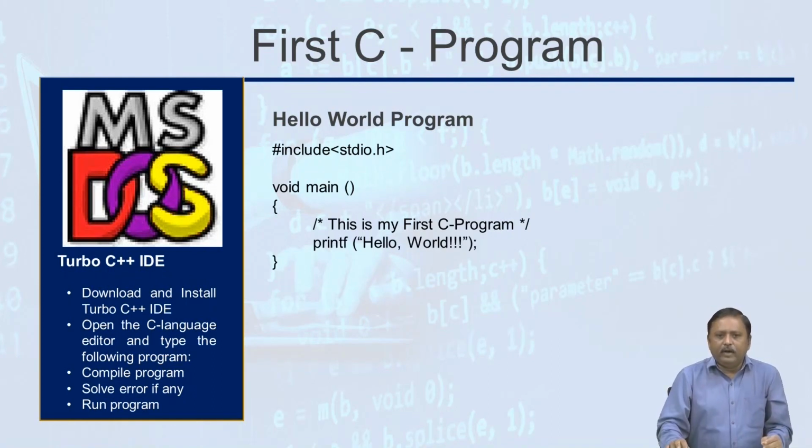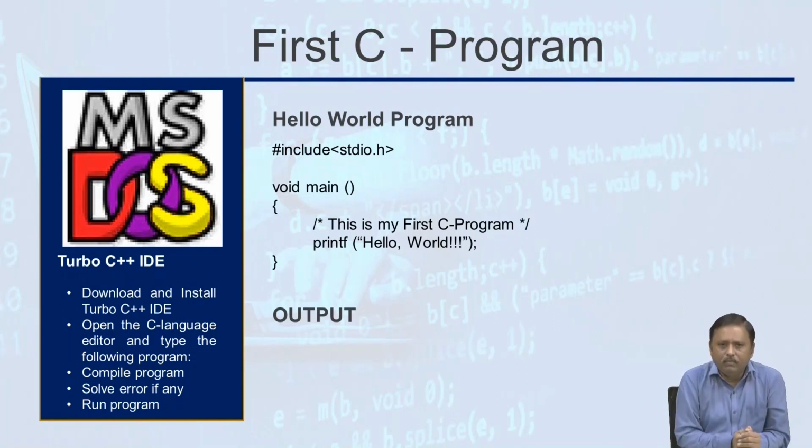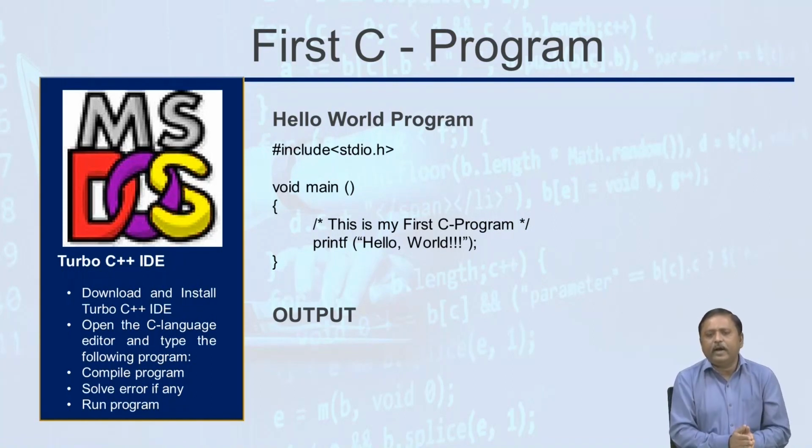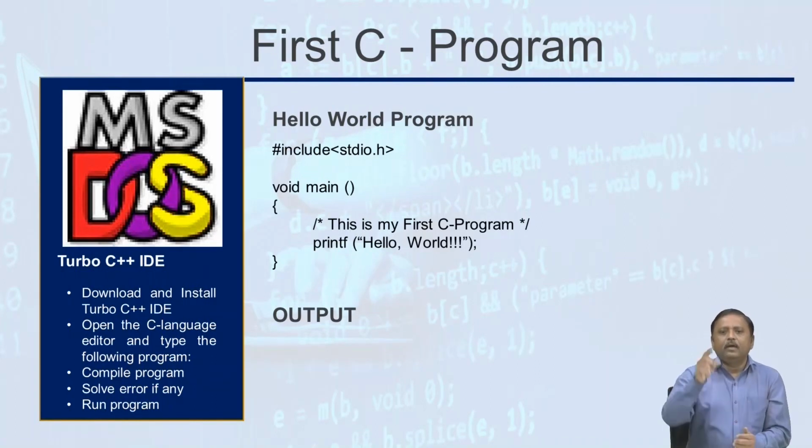Now this is a hello world program. You see that the first statement is include stdio.h, which means we want to use the standard input output header file in our program. The next line is the main function, the opening curly bracket is compulsory, and the closing curly bracket is also compulsory.